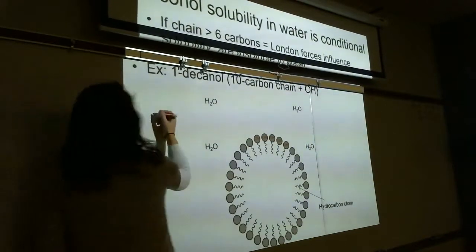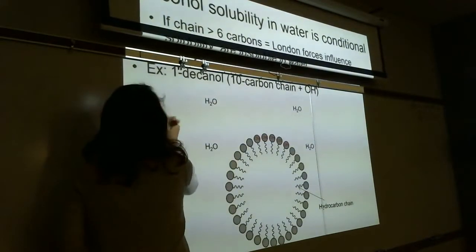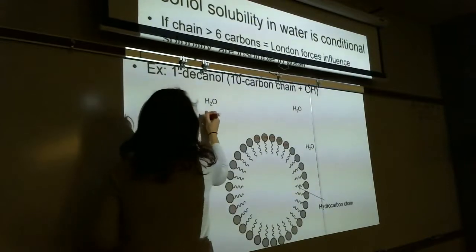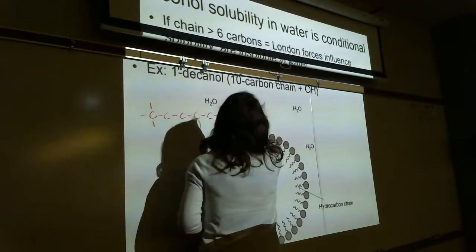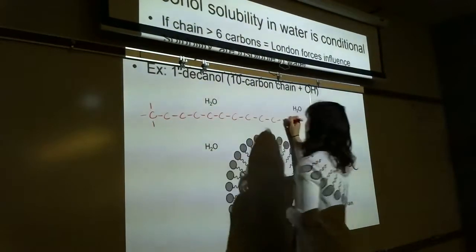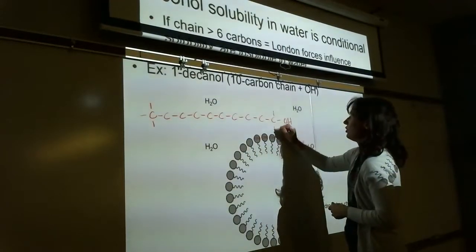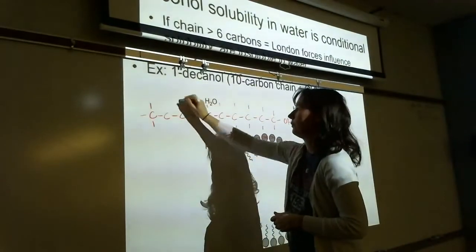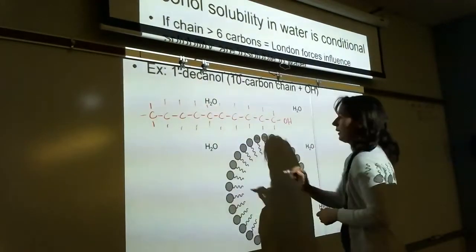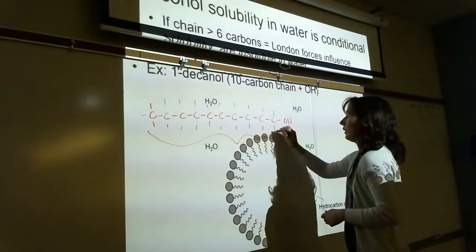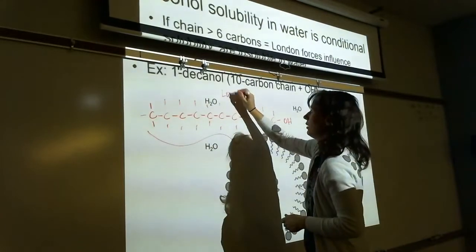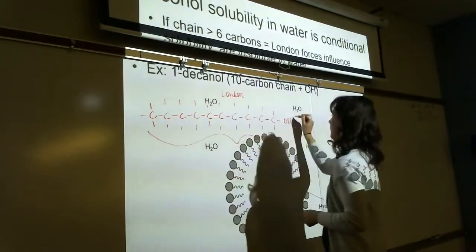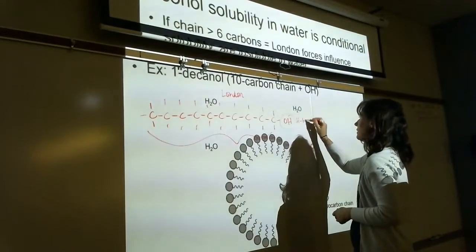A 10 carbon chain: 2, 3, 4, 5, 6, 7, 8, 9, 10. Just imagine hydrogens all here. This piece is London forces. This piece is the hydrogen bonding piece.